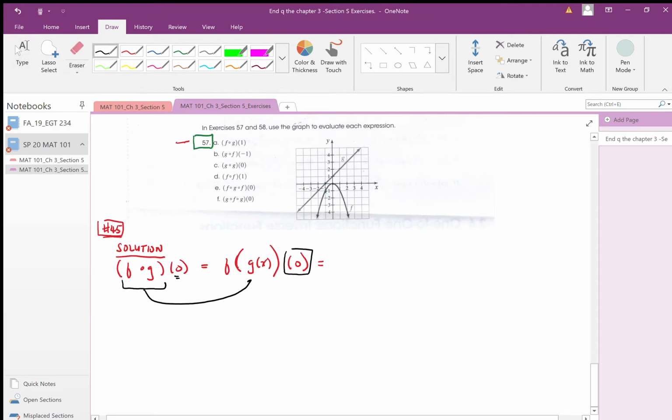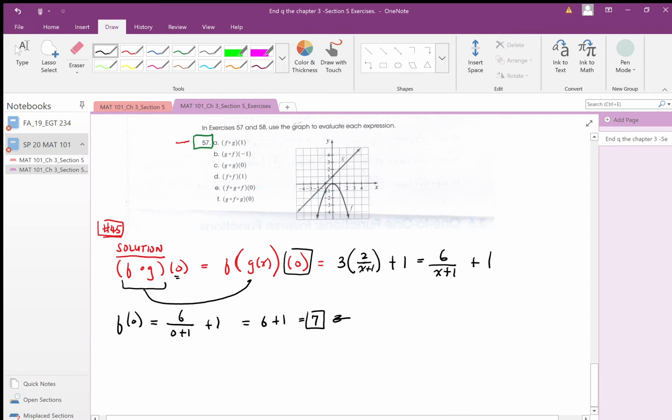It's going to be 3 into 2 over x plus 1, plus 1, equals 6 over x plus 1, and that's plus 1, right? So now f of 0 is going to be 6 over 0 plus 1 plus 1. 6 plus 1, the answer is going to be 7. Okay?